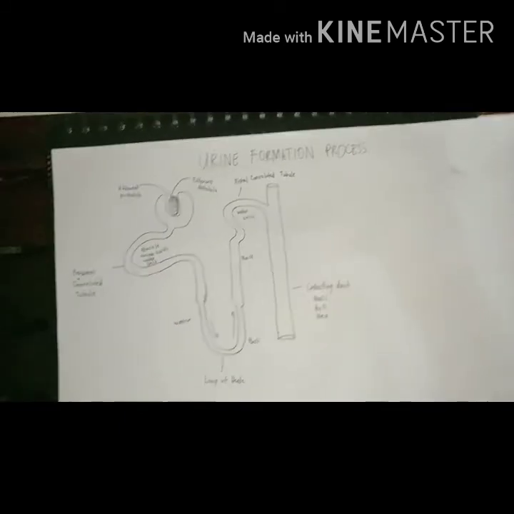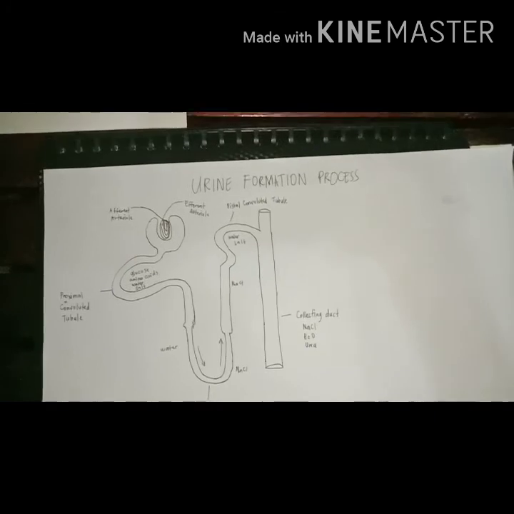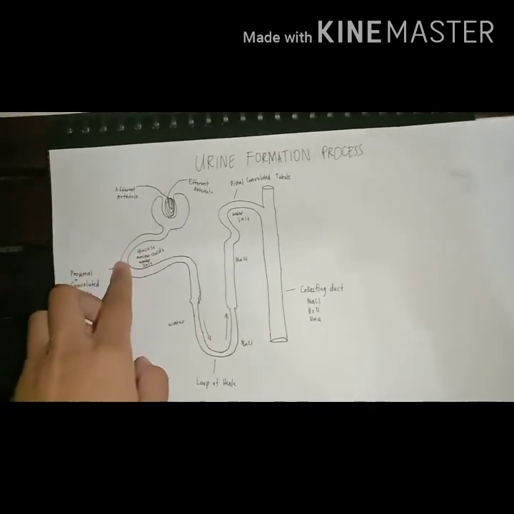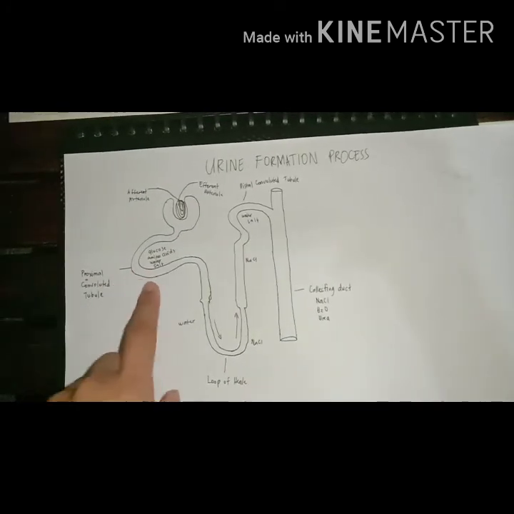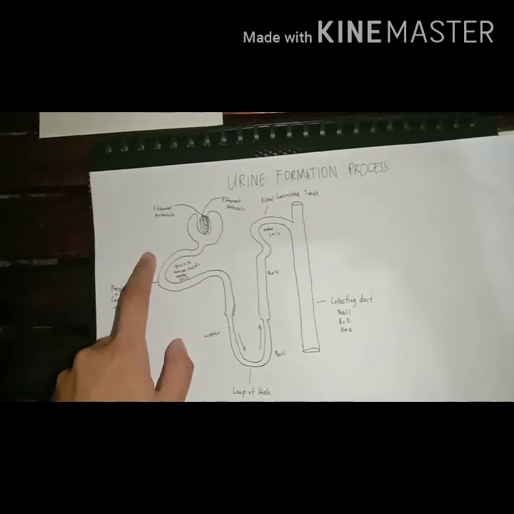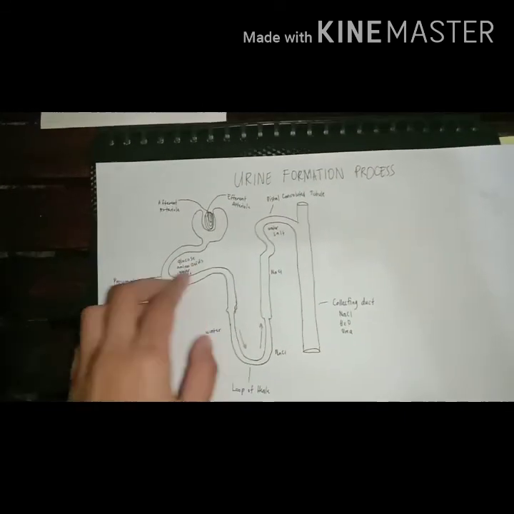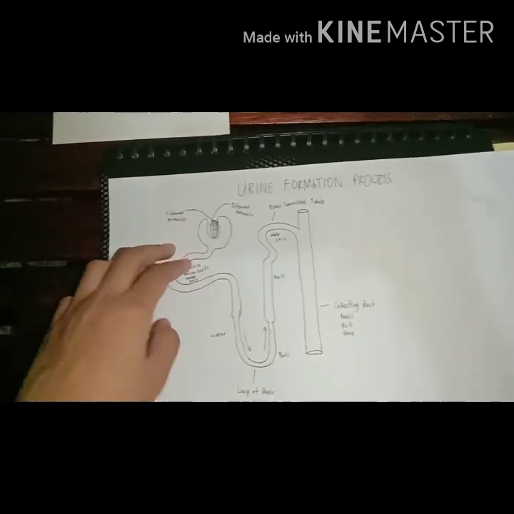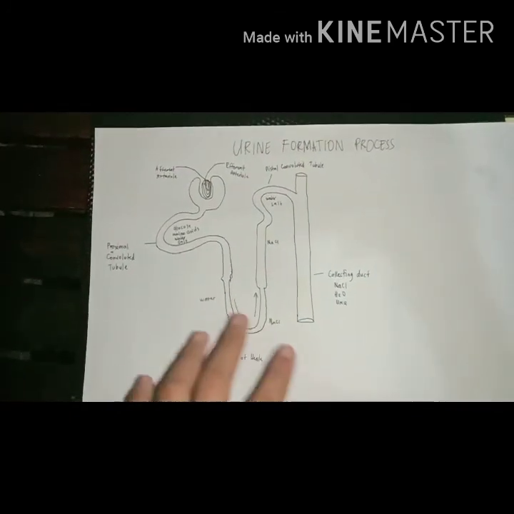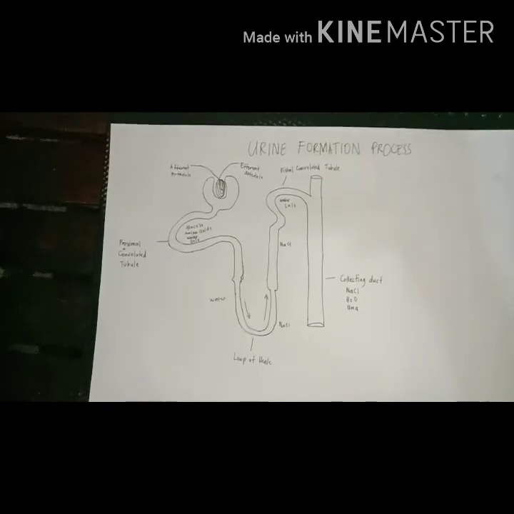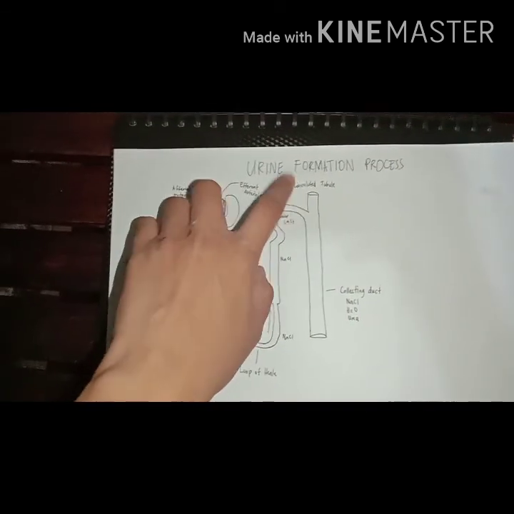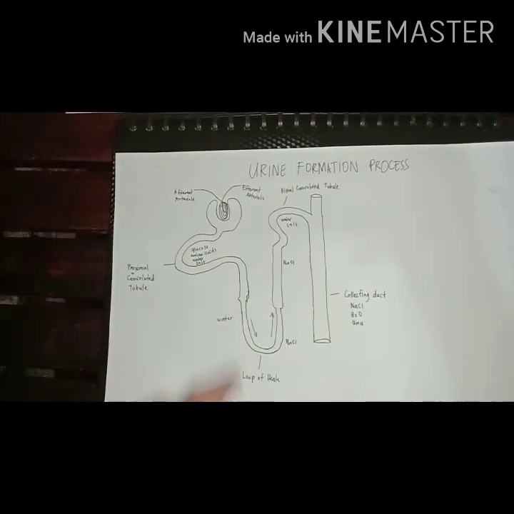So in the proximal convoluted tubule, the ones that are being secreted are creatinine, drugs, and hydrogen ions. While in the distal convoluted tubule, the ones that are being secreted are hydrogen ions and potassium ions.